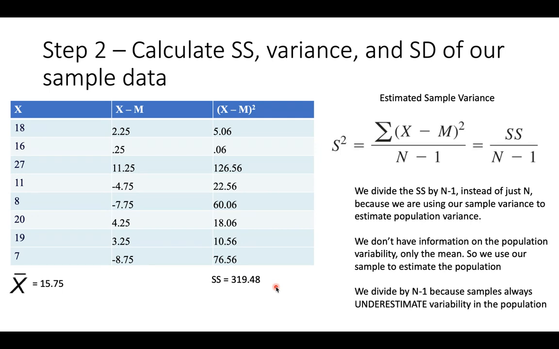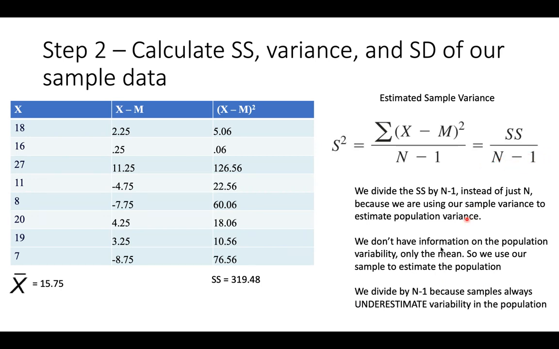And so because we will always not quite estimate the population correctly, we compensate for that with n minus 1. This helps us estimate the population more accurately, because a group of 8 people is more likely to vary than the population. So to deal with this underestimation, we say our denominator for variance is n minus 1 instead of just n.